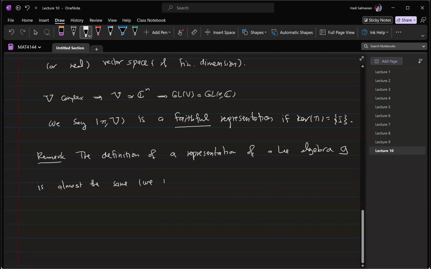So we just replace GL(V) by gl(V), which is isomorphic to either gl(n, R) or gl(n, C).